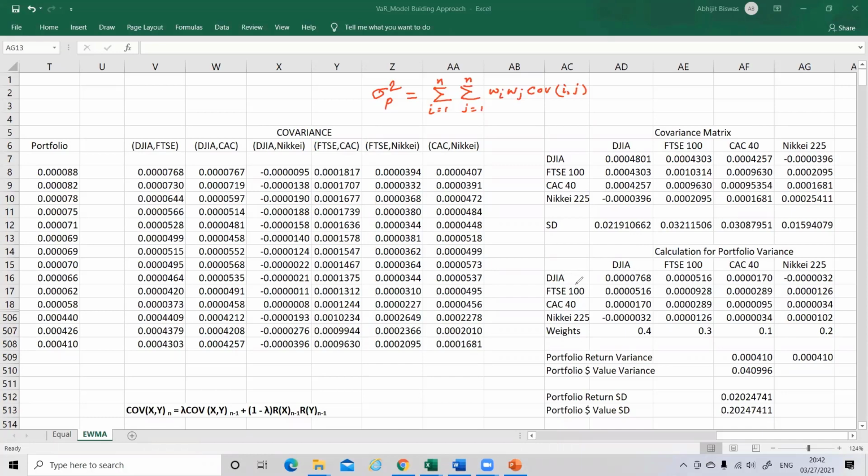In this case, i is Dow Jones and j is also Dow Jones, because it's the intersection of Dow Jones and Dow Jones, right? So how should I calculate this number? I should calculate it as weight of Dow Jones, that is Wi, multiplied by weight of Dow Jones again, that is Wj, multiplied by covariance between Dow Jones and Dow Jones, which is captured out here.